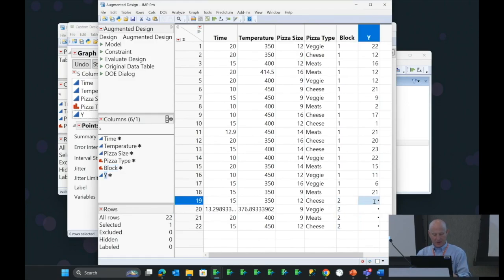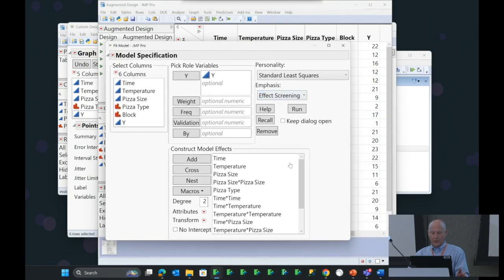So I'll just make up some data here. 20, 9, 14, 6. Okay, so now I've got enough data that if I go to analyze this and I pick fit model, it's the full quadratic model down here with the addition of the blocking factor, so that's one extra term, and we run it.